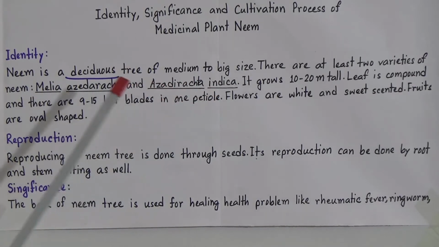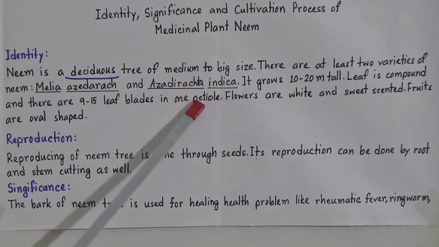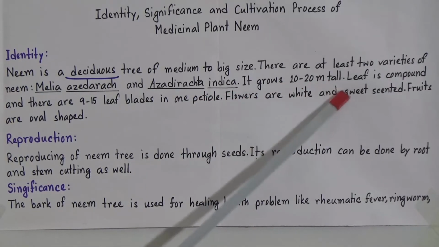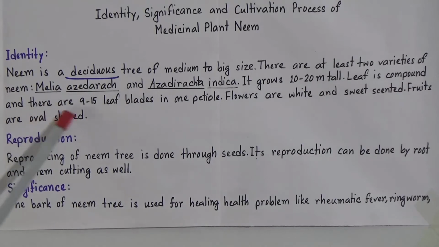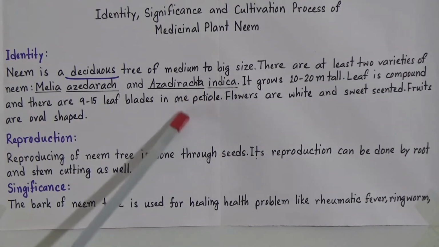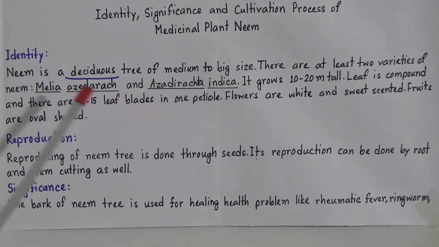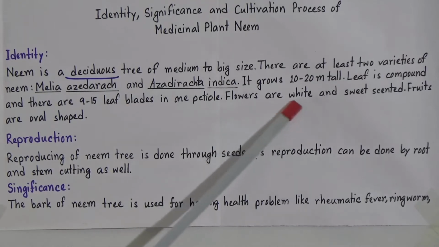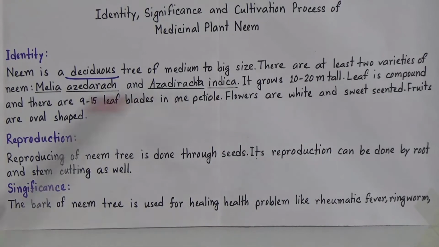These are the 2 varieties found in our country, and it grows 10 to 20 meters tall, and the leaf is compound, and there are 9 to 15 leaf blades in one petiole. Flowers are white and sweet scented, and fruits are oval shaped.